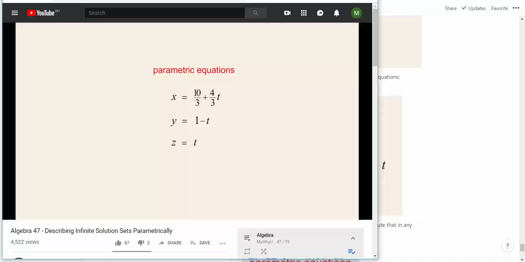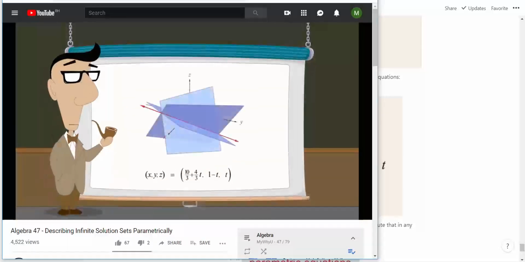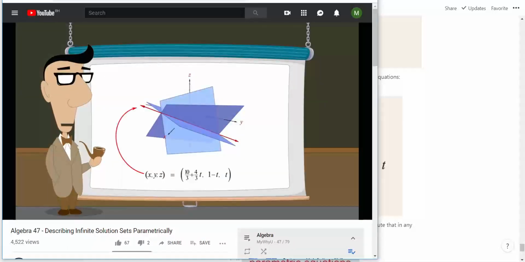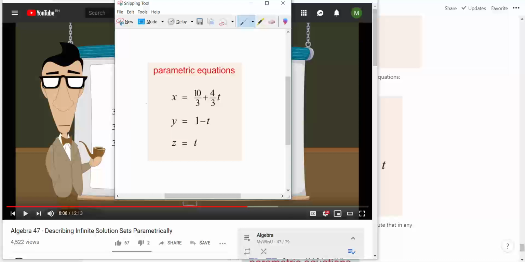The solution set can also be represented parametrically as the ordered triple 10/3 plus 4/3 t, 1 minus t, t. This ordered triple describes the line of intersection of the planes and the solution set of the system of equations.